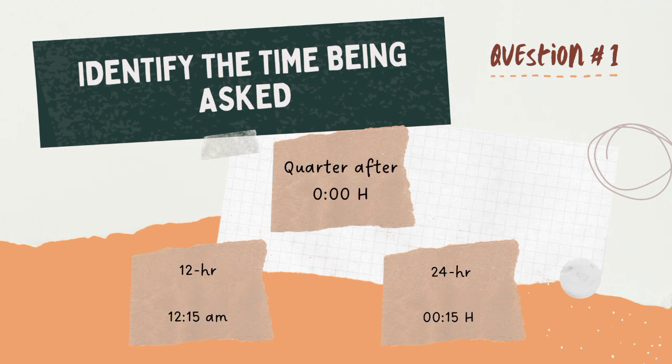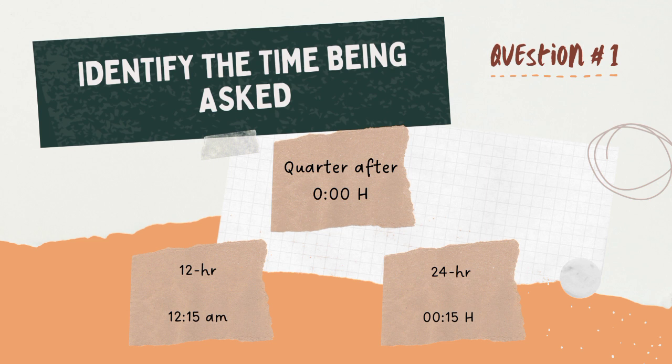So, the last activity is quarter after 0:00. So, ano nga bang equivalent nito sa 12 hour and 24 hour? So, ano nga ba ang quarter after 0 hours? So, di ba kanina is quarter after 12 midnight? Kapag yung quarter, ang quarter is 30. I-divide natin siya sa 1/4.